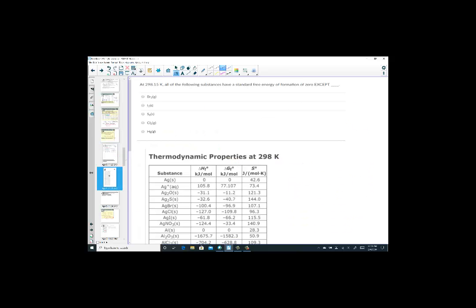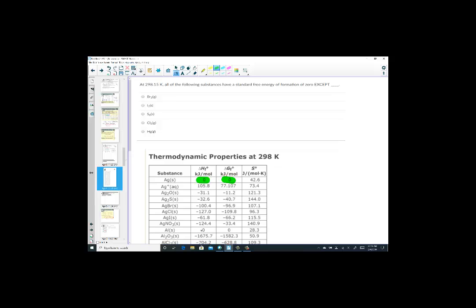So here's an example of that, what I emphasized in the last slide. Thermodynamic properties of heat of formation, Gibbs free energy. When we have an element in its natural state, they are assigned zeros for heat of formation and Gibbs free energy, which I know we'll talk about in our next lesson, but they are standard values for any element in its natural state.